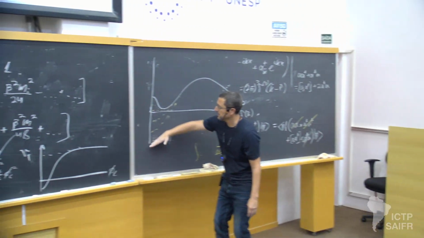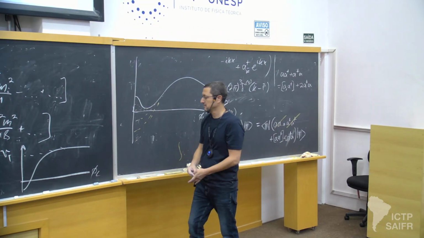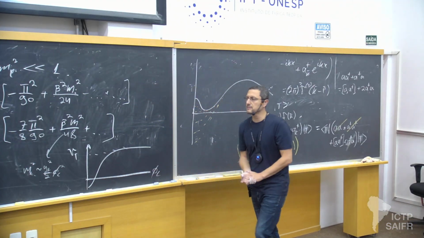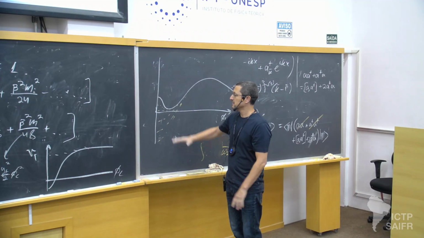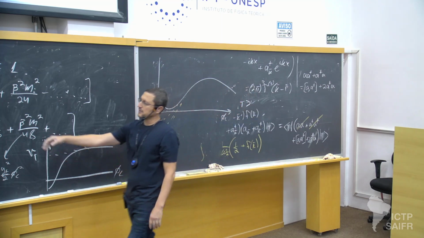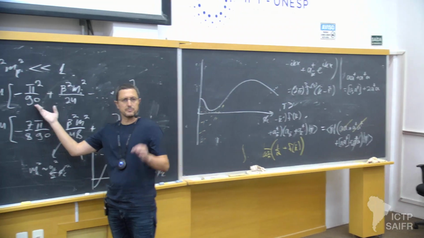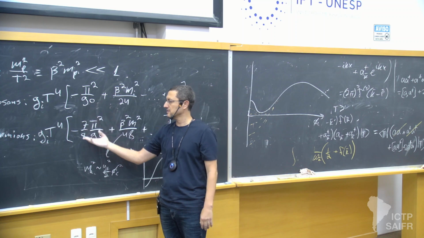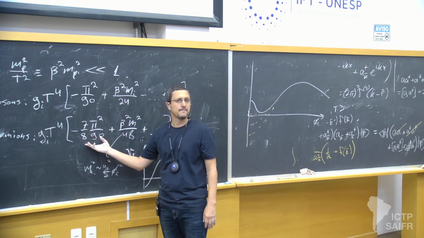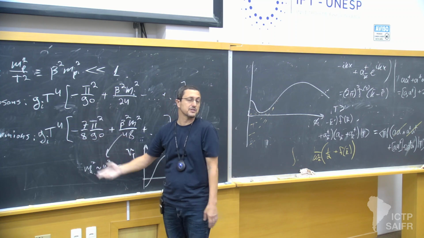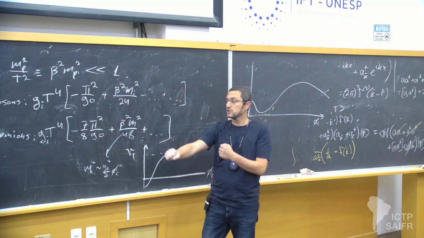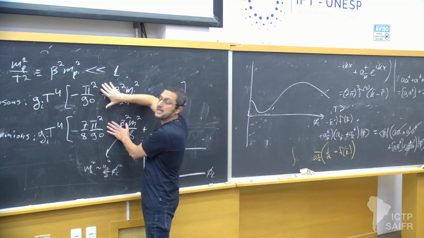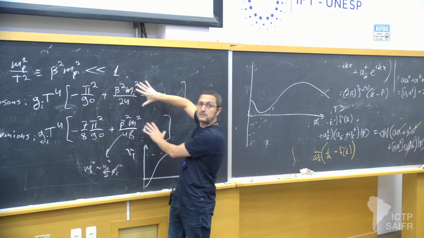So the shape here is like that. And then there are higher order terms that are a little bit interesting, but I don't have time to discuss. The general structure is this. The constant negative term is exactly the pressure of a non-interacting gas of bosonic or fermionic quantum particles. That's exactly the usual thermodynamic pressure, as we expected. The leading contribution in the relativistic regime, where the mass is small compared to temperature, is just the pressure of a massless gas. These are the mass corrections to the pressure.